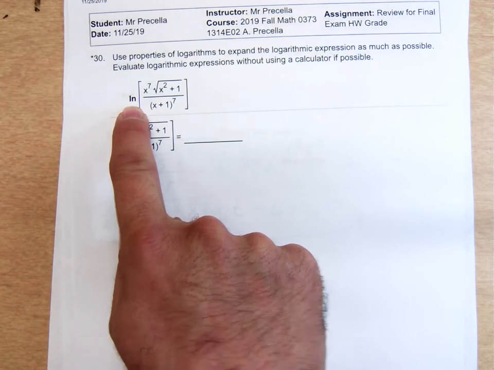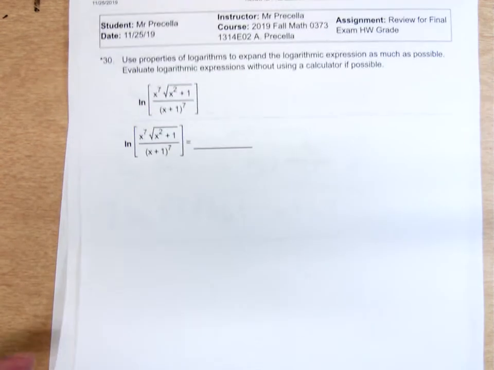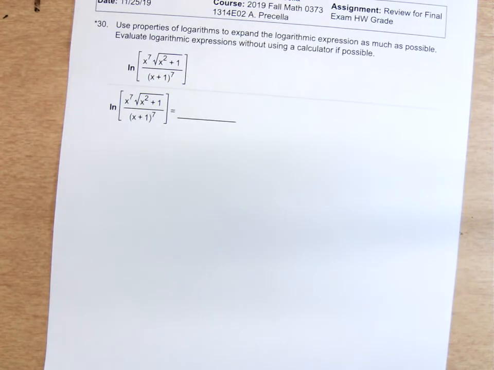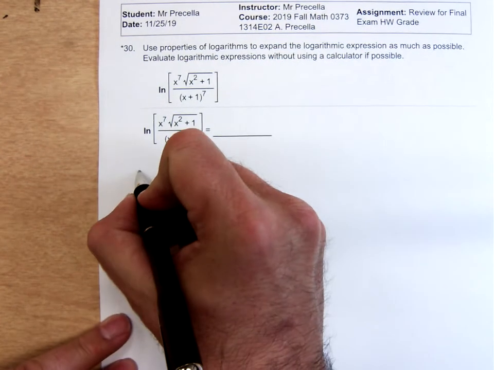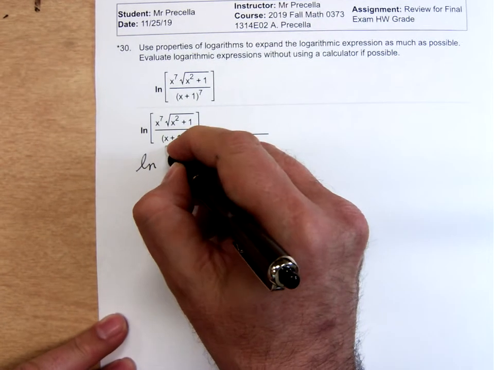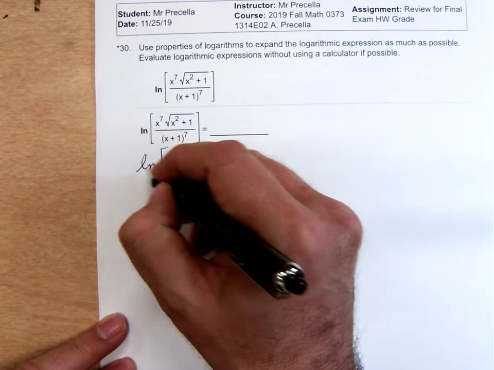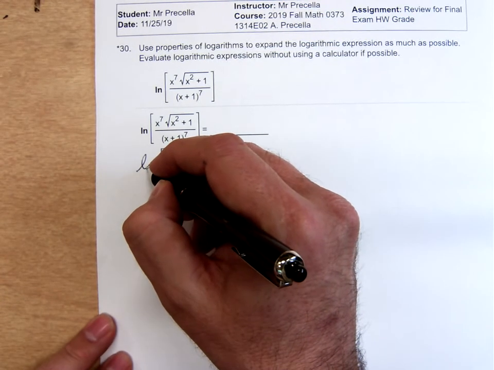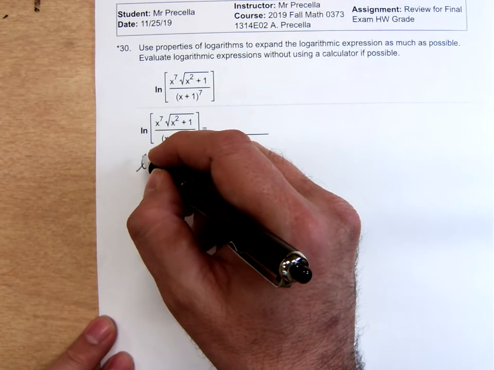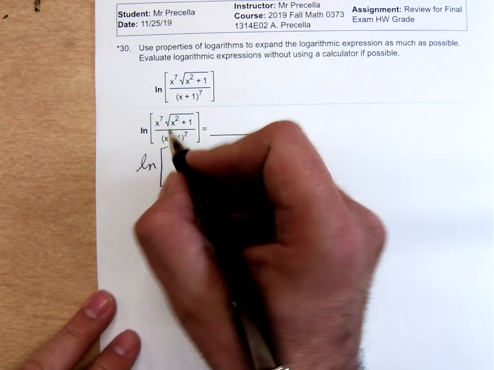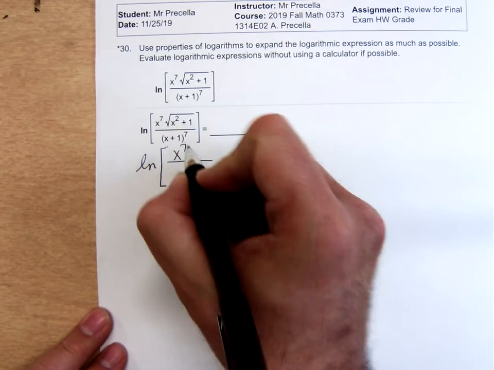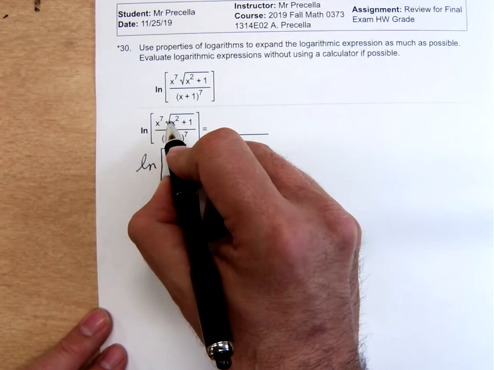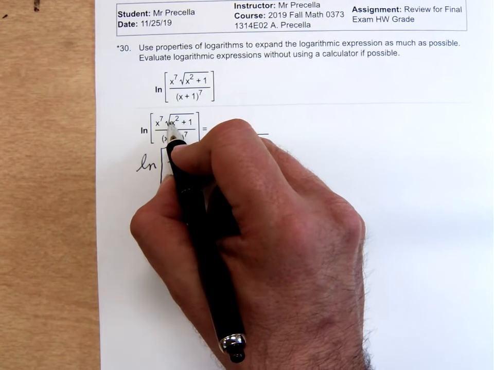So let's look at this one. I'll write it out. LN, I'm using cursive L on these just because I don't want it to look like a I, capital I. X to the 7th. That square root, I'm going to have to write as a 1/2 exponent.